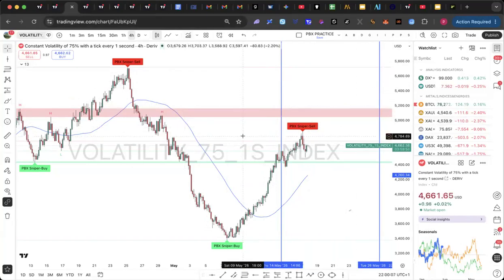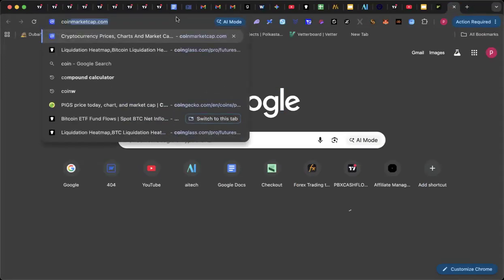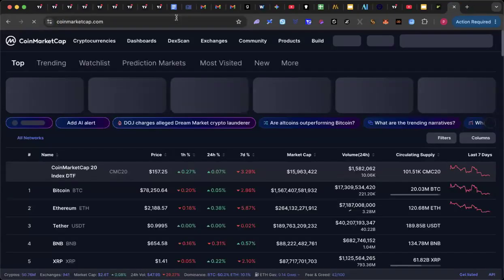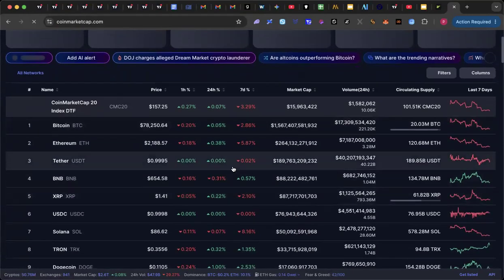Now, there's something happening in the crypto world that I want us to be very careful about. That is what has affected a lot of people. Let's go to CoinMarketCap quickly. Many persons felt that crypto markets behave the same at all cycles. No, you missed it. Crypto market does not behave the same at all cycles.